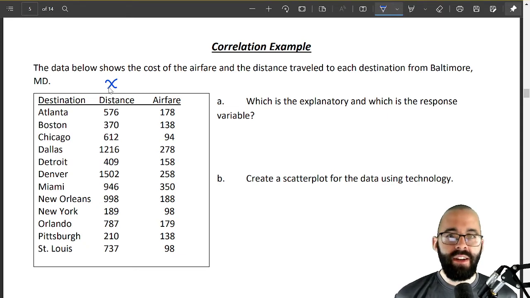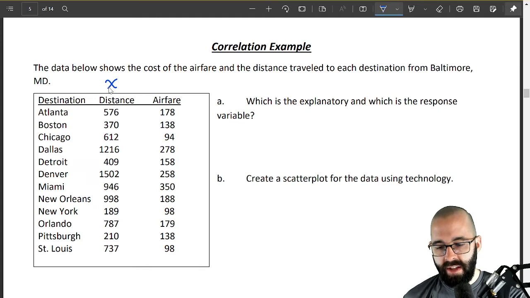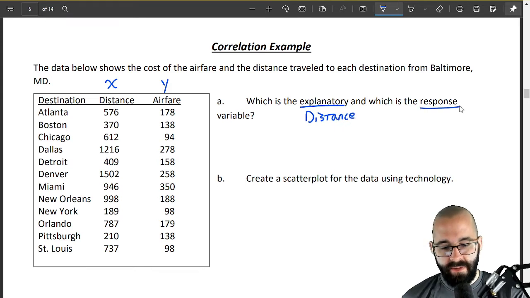The further the distance, we think that would have a correlation with the airfare. Okay? So our explanatory variable is going to be the distance. And our response variable, or dependent variable, y, is going to be the airfare.